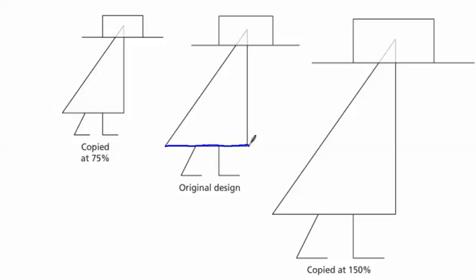And for copied at 150%, this side length will be 150% of that side length, or 3/2.